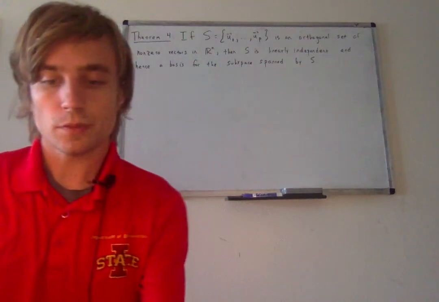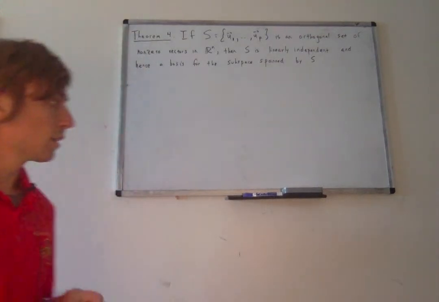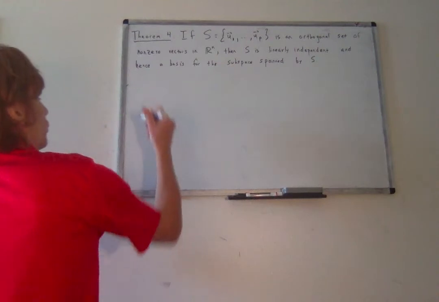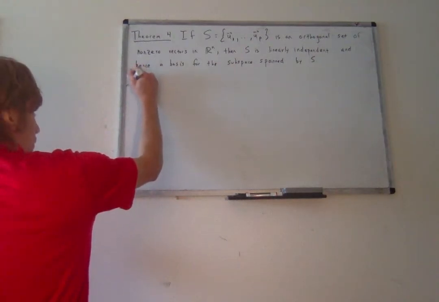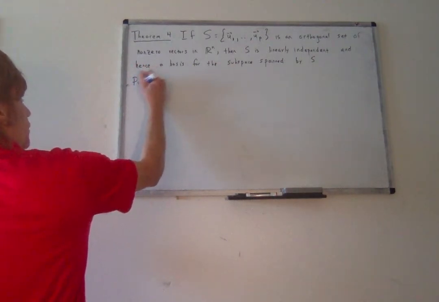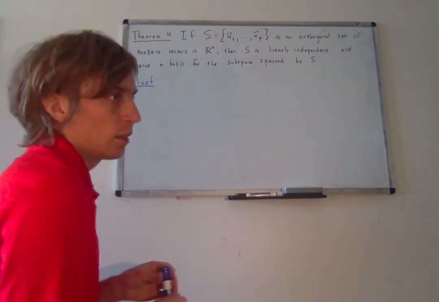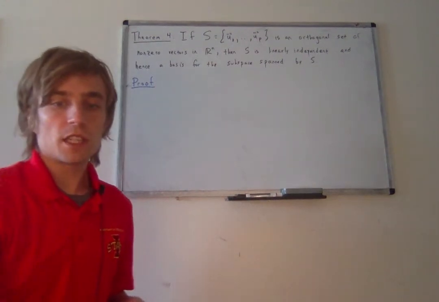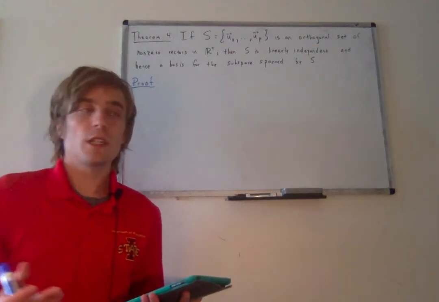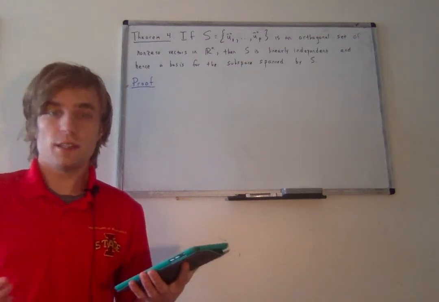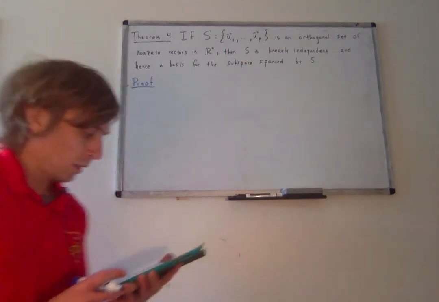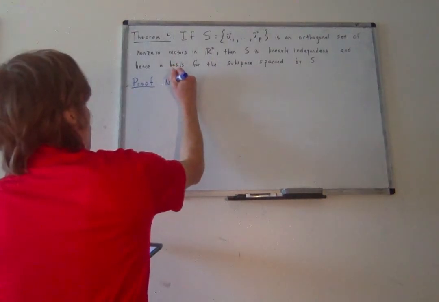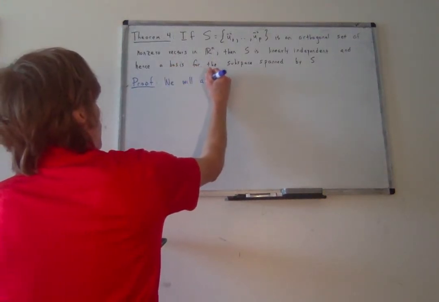All right, so we're going to prove this theorem using contradiction. So what is the contradiction we want to arrive at? With a lot of these now, if you want to work this proof out for yourself, I've got the steps that you would use, and I highly recommend trying to do that because it's fun and it's good practice. Okay, so we're going to assume that S is orthogonal.